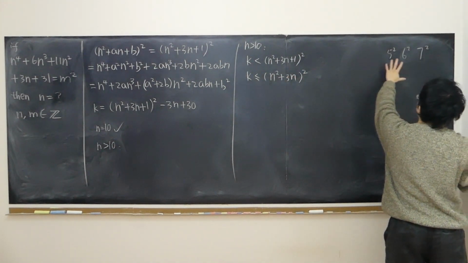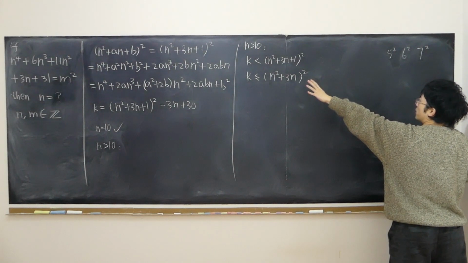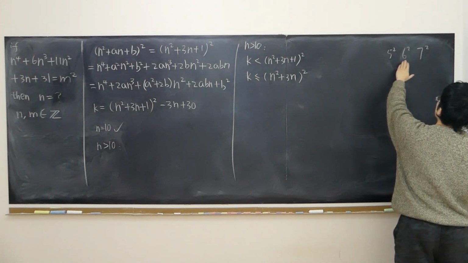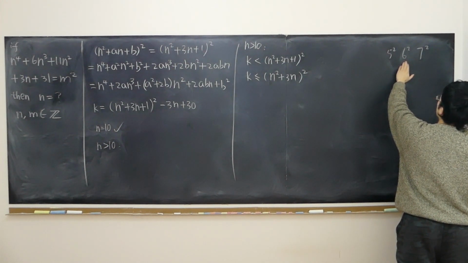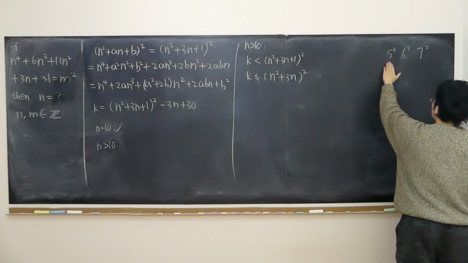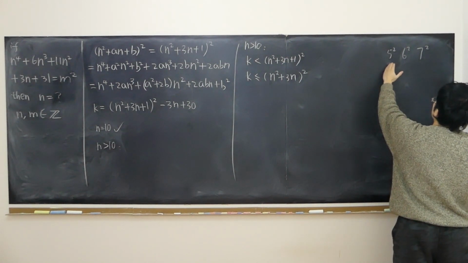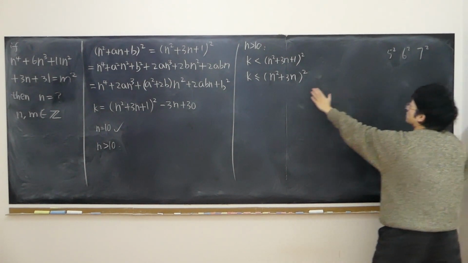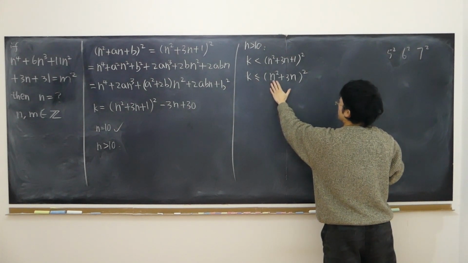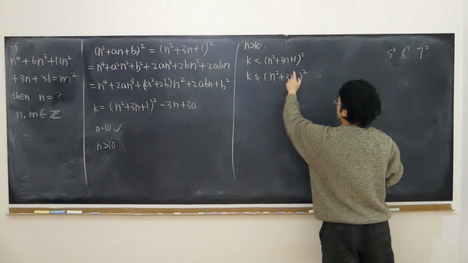Just like here, for k to still be a perfect square, if it's strictly less than 6 squared, that means it is less than or equal to 5 squared. Could be 4 squared, could be 3 squared, but it should be less than or equal to 5 squared. So it should be less than or equal to the previous perfect square number, right? That's minus 1 here.